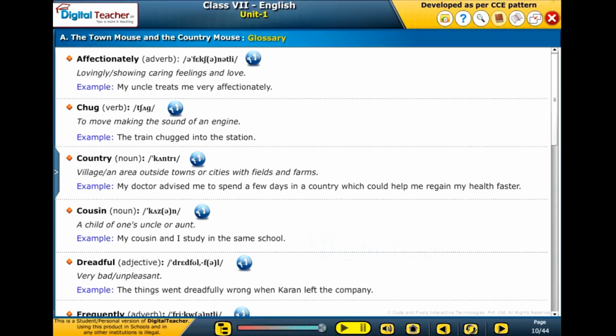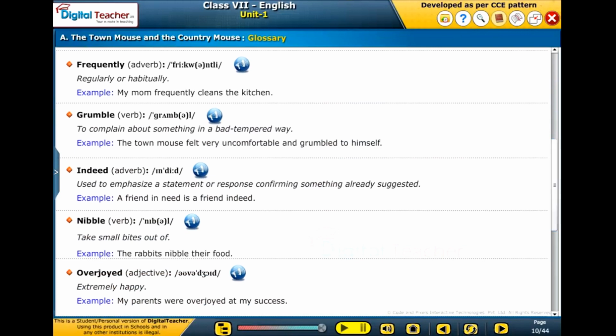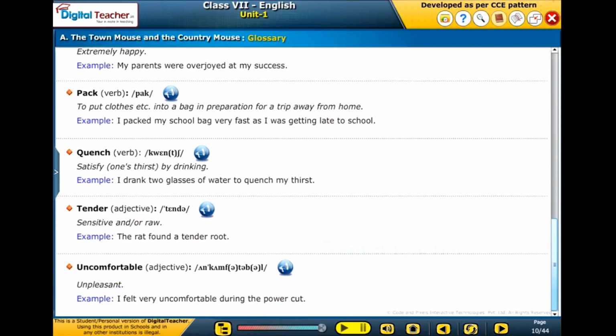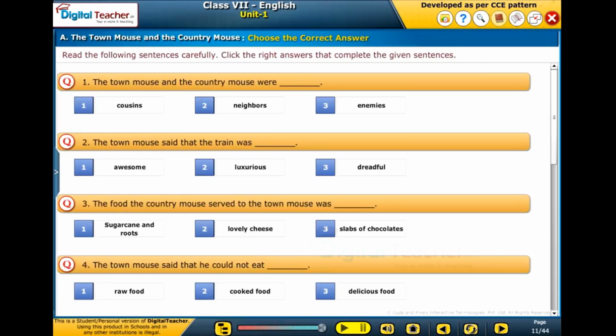Affectionately, chug, country, cousin, dreadful, frequently, grumble, indeed, nibble, overjoyed, pack, quench, tender, uncomfortable.